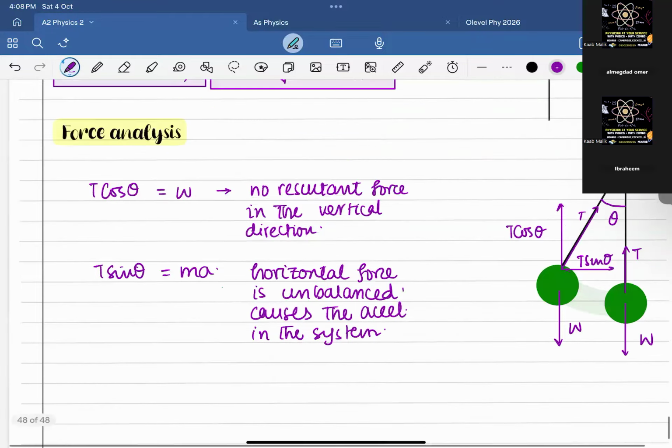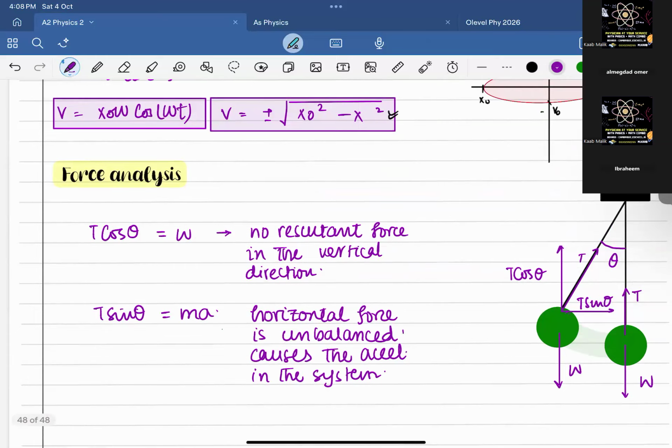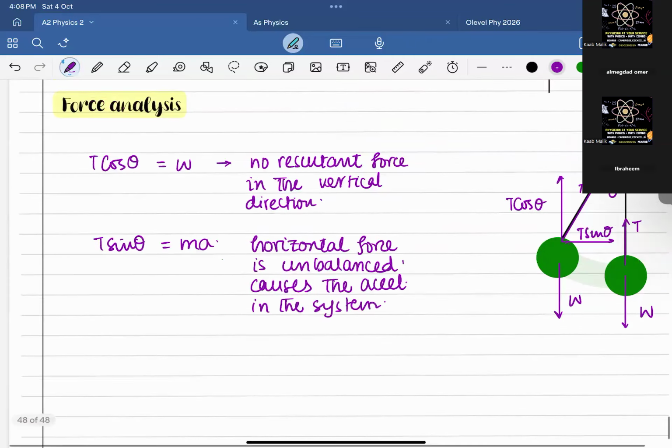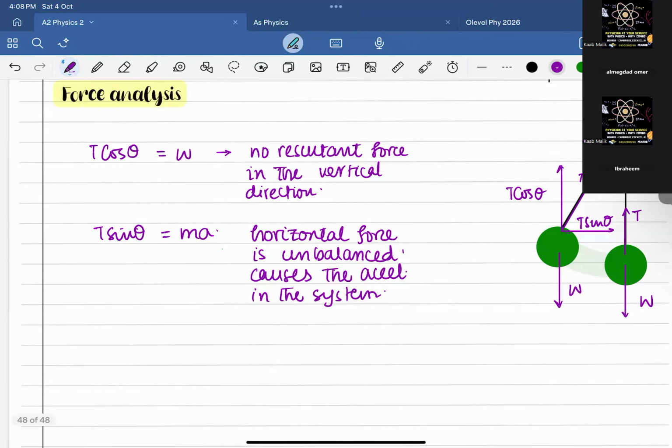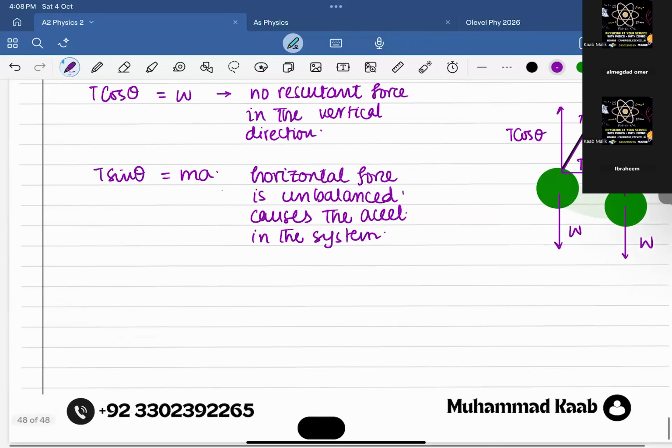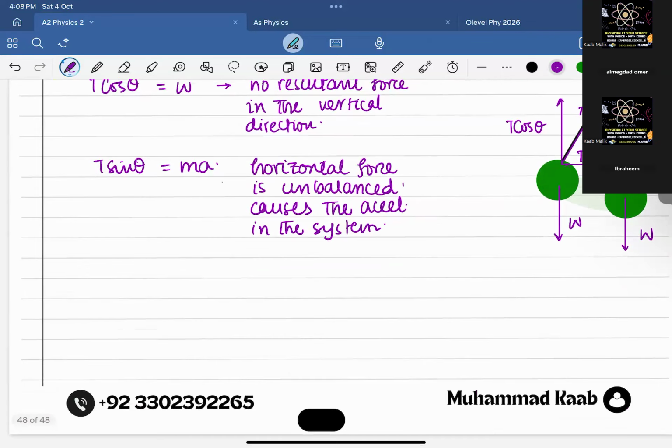And you can say that T sine theta is equal to MA, and we derived the equation for A. So T sine theta is equal to M times A, and A is basically negative x naught omega squared.